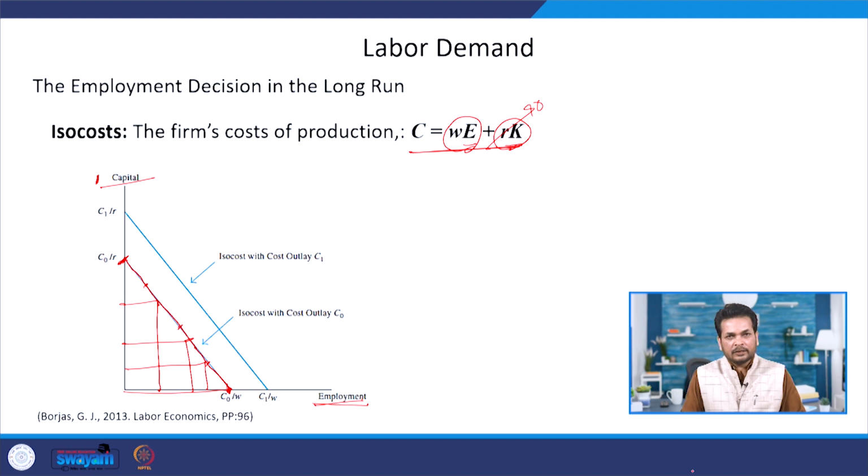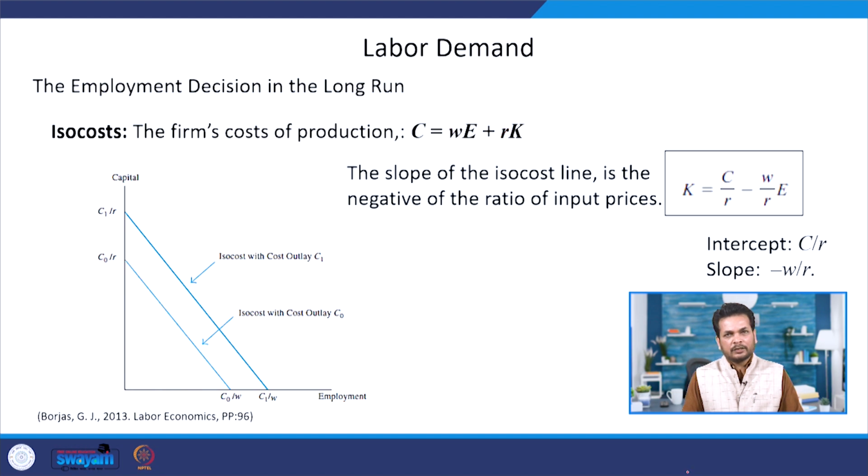If you want to find the slope of this isocost, then it is simply W by R. So, the slope of this isocost line is simply the ratio of input prices.